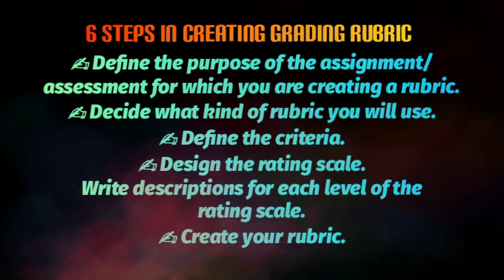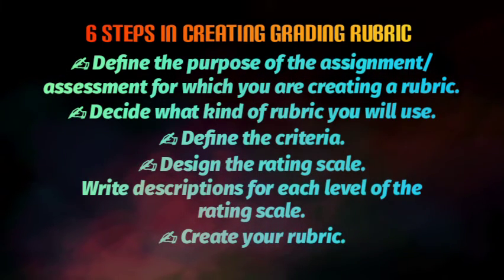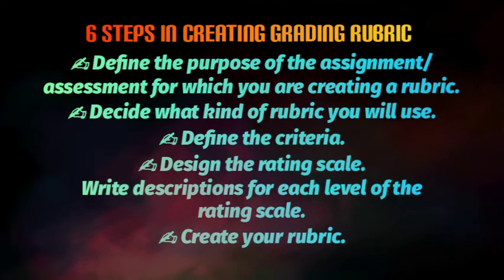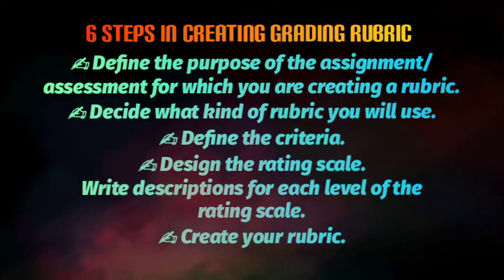The last but not the least step is create your rubric. Develop the criteria, rating scale, and descriptions for each level of the rating scale into a rubric. Space permitting, include the assignment at the top of the rubric. For ease of reading and grading, limit the rubric to a single page if possible.